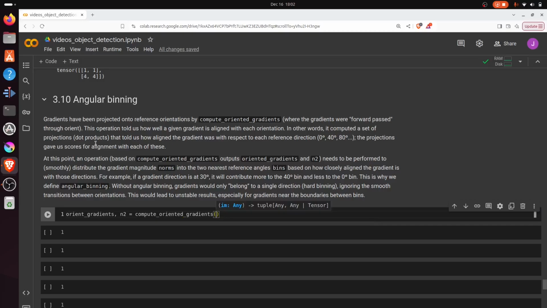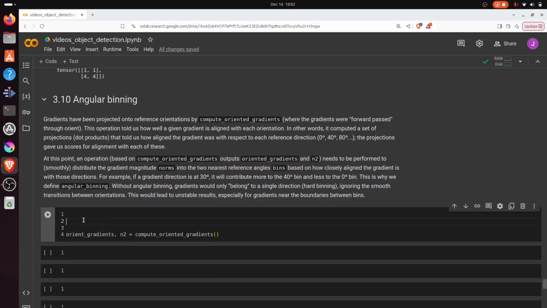Fantastic. So now, before going any further, let's import torch.